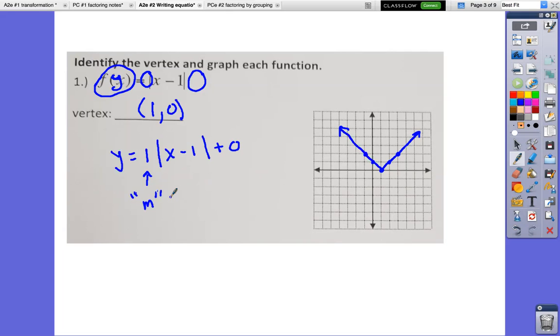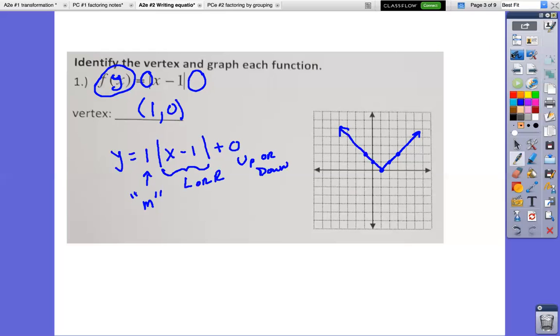Now, by slope, remember, absolute values make V's. So that tells me how much up and over I go from the vertex in both directions. So that's telling me my slope. This is telling me how far left or right. And this is telling me how much up or down. Okay, and that's it.